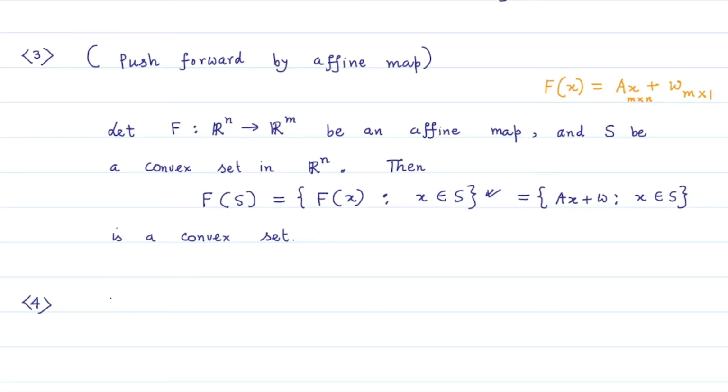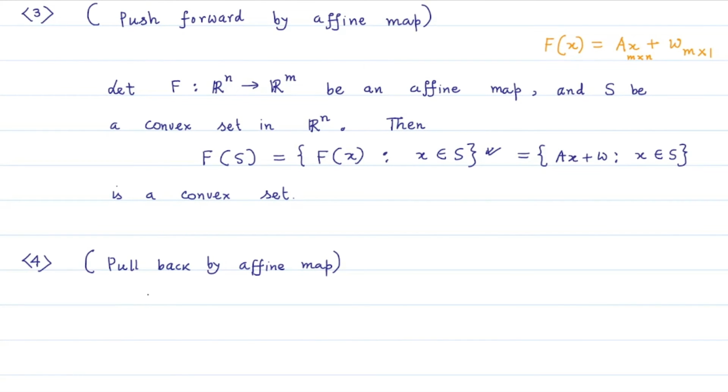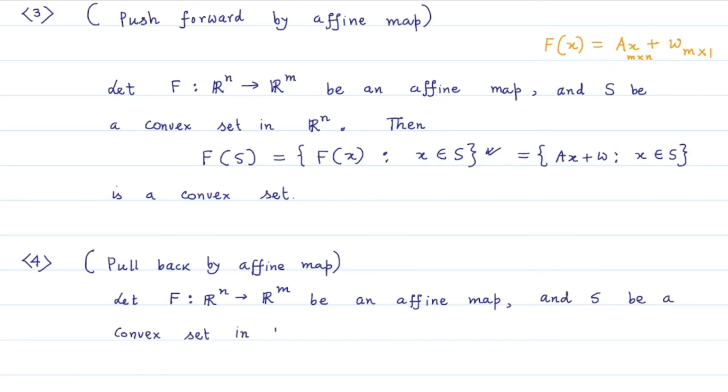Pullback or a preimage of a convex set by an affine map is also a convex set. Let me write it neatly over here, that pullback by affine map of a convex set is also a convex set. For this to be stated neatly, let capital F be an affine map from R^n to R^m, and let capital S be a convex set in R^m.